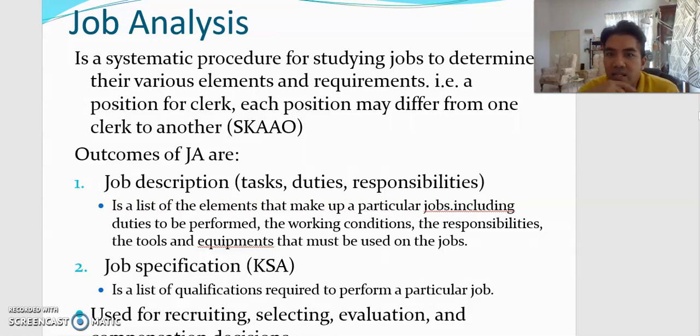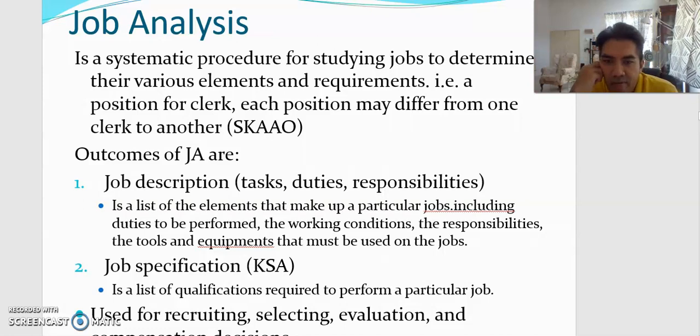Job analysis is a systematic procedure for studying jobs to determine the various elements and requirements. For example, for a clerk position, each position may differ from one clerk to another. The outcomes of job analysis are job descriptions, where you need to identify the tasks, duties, and responsibilities.